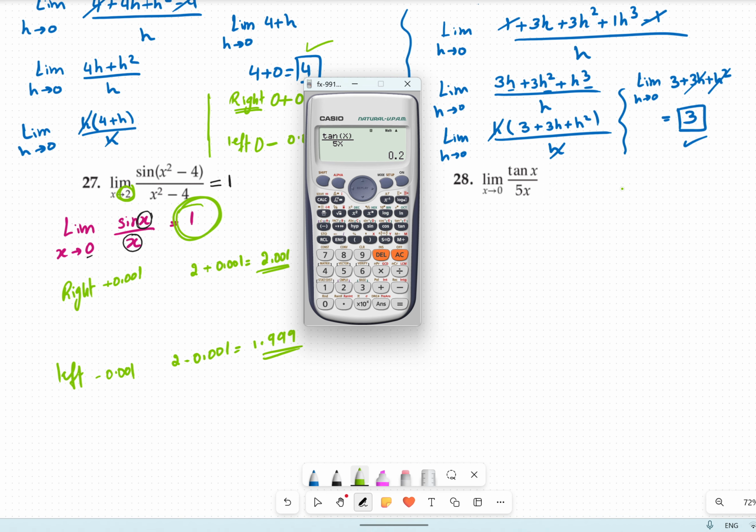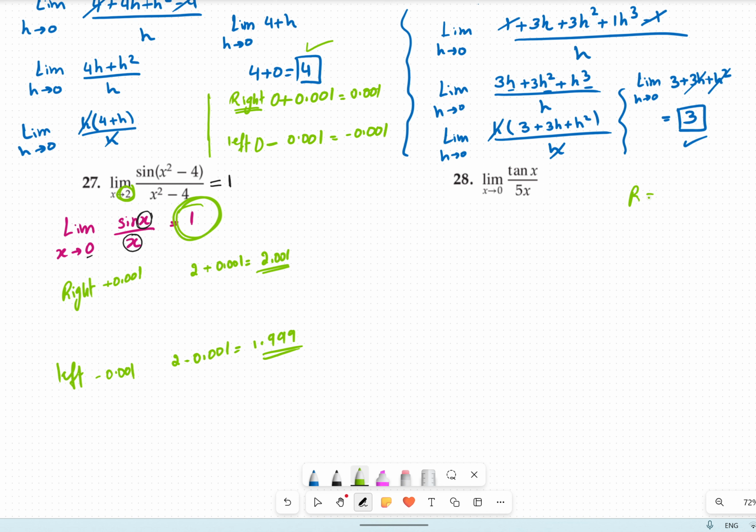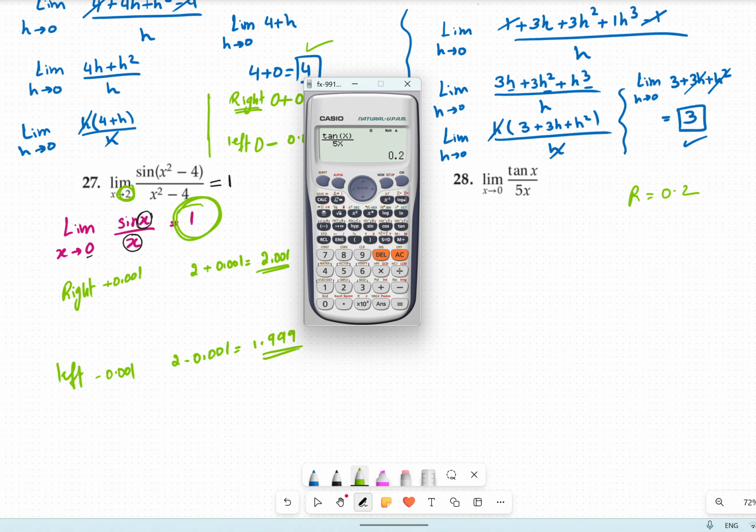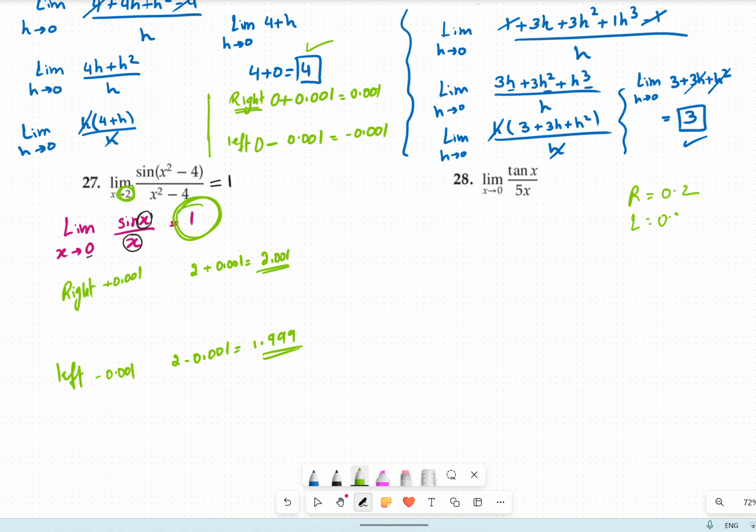I got 0.2. So from the right, I got 0.2. Now I do this again from the left. I click calculate minus 0.0001. Again, what did I get? Also 0.2. So this means that the answer is 0.2.